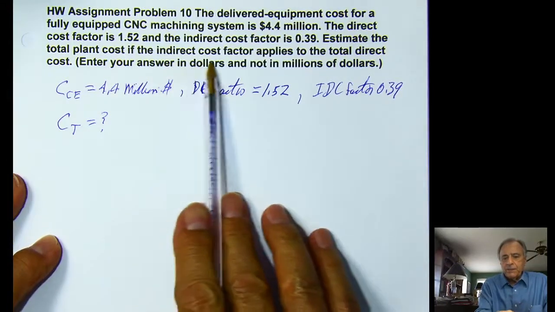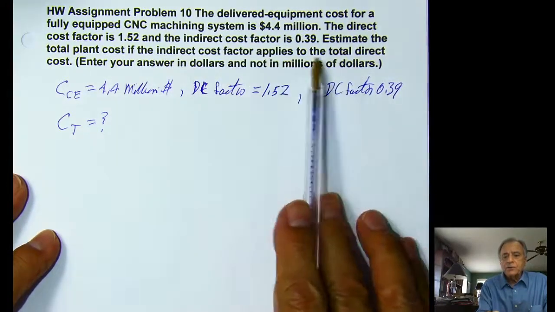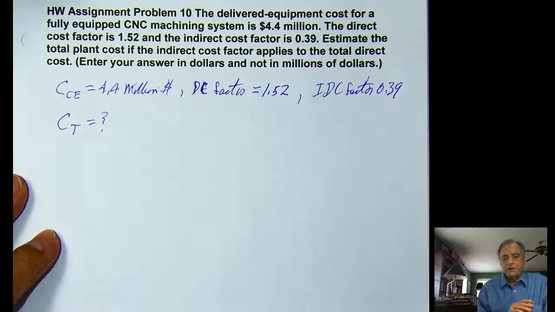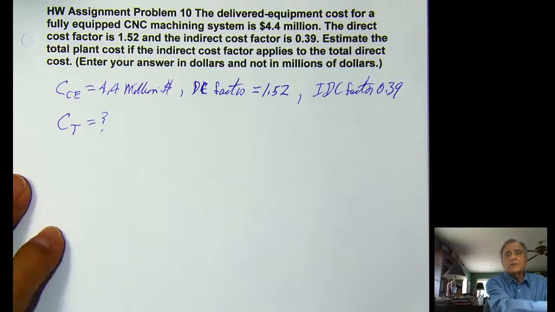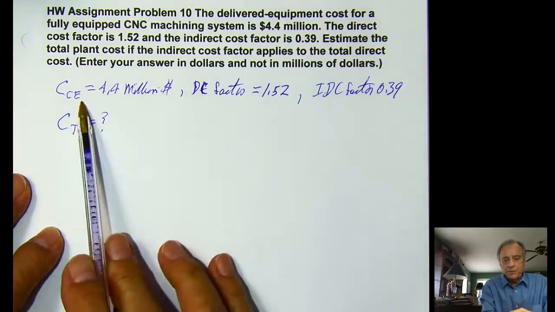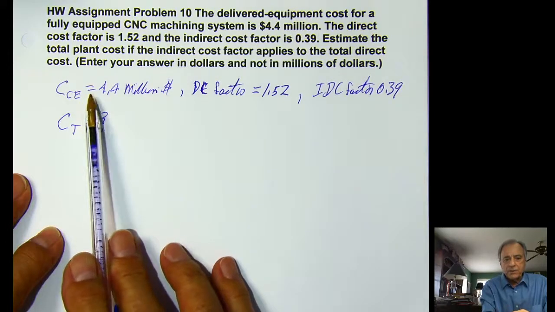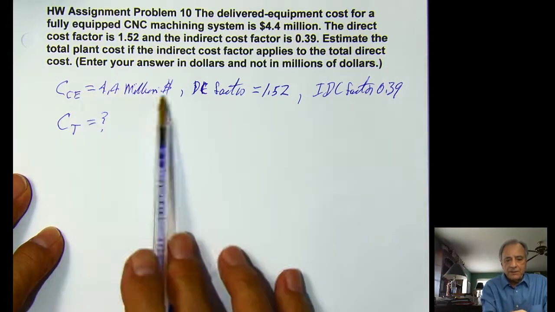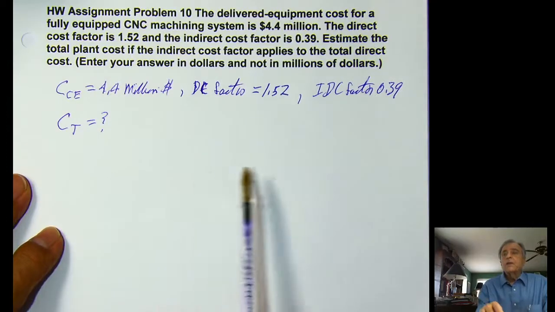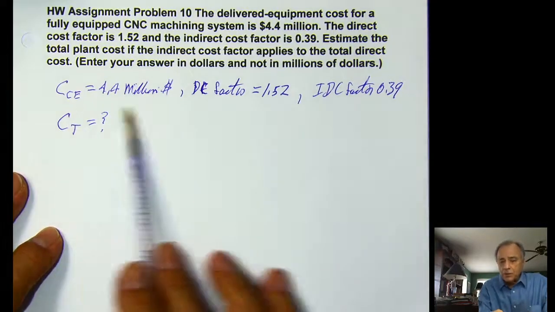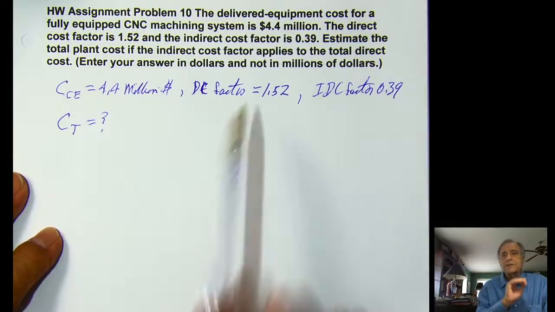If the indirect cost factor applies to the total direct cost. So there's really basically two equations that involve the indirect cost factors. One is if it only applies to the major equipment. The other is if it applies to all direct costs, that is this plus the indirect cost.